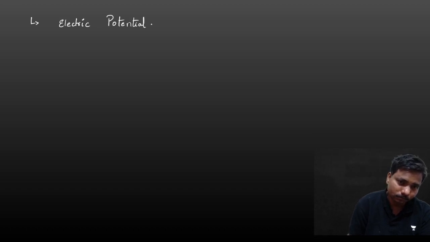So now in this session, we are going to discuss the potential difference or potential. After that, maybe Ohm's law. Electric potential, denoted with the letter V, also called as voltage.